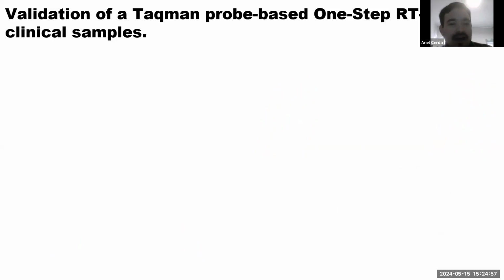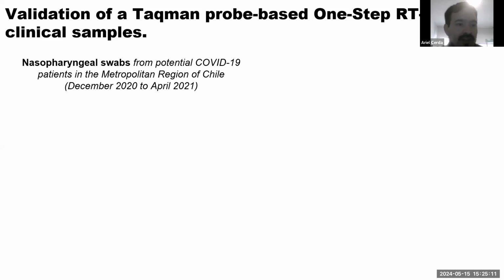And finally, after confirming the accuracy and the sensitivity of our probe-based master mix for detecting synthetic SARS-CoV-2 RNA, we validated it using clinical samples. Nasopharyngeal swabs from potential COVID-19 patients from Chile were collected during the pandemic.